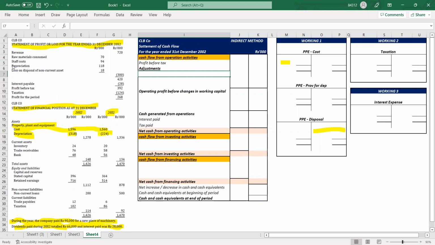Then there is depreciation 180, loss on disposal of non-current assets 18. So these are the amounts related to PPE. So can you all put these balances into the ledger accounts?